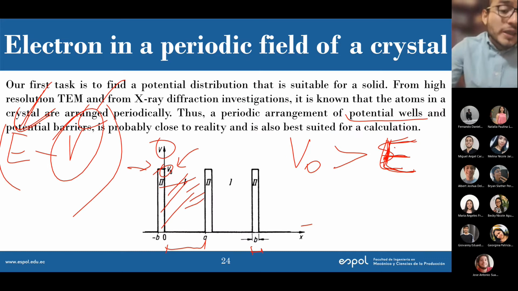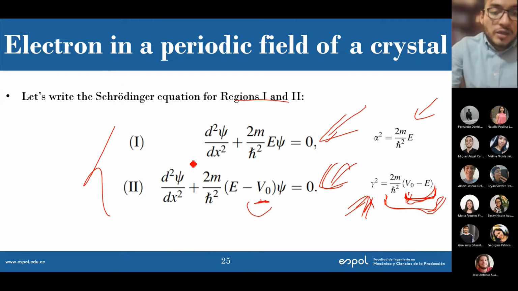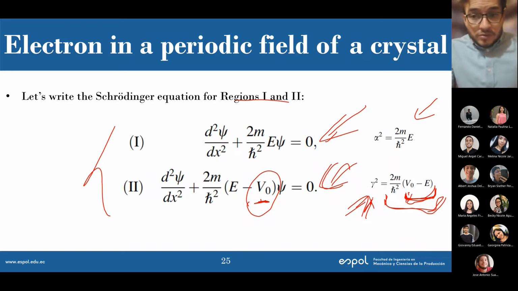The first one, in the well, is just the free electron case, and in the barrier I have a potential energy called B naught, and everything else is the same. So I have these two equations. Now, let's solve them.